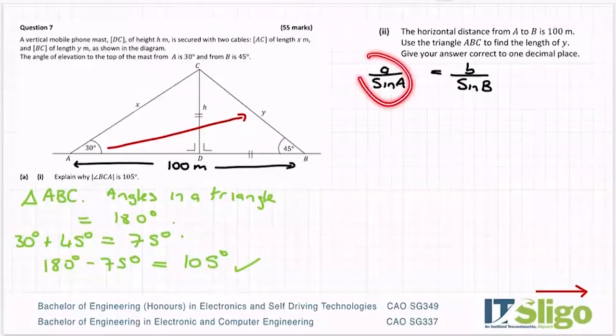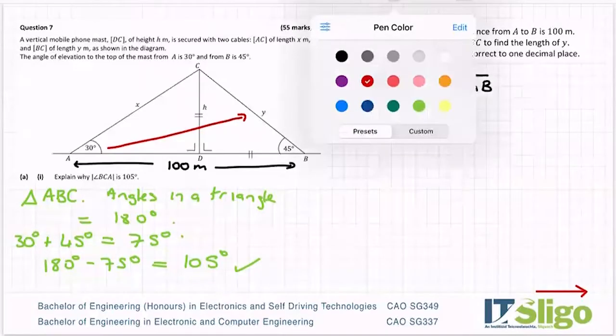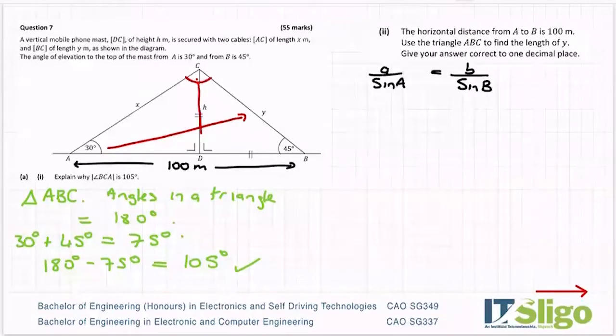So that's one pair for my sine rule, and I need another pair. So I need another side with an angle. Well, I don't know x, so there's no point in taking that side, but I do have this angle here and the side across from it. So how do I fill it in? Well, it doesn't matter which side is A or B or C, just as long as I take the pairs together.